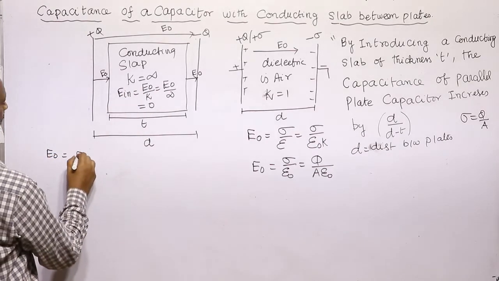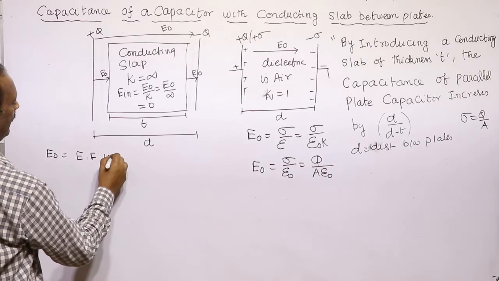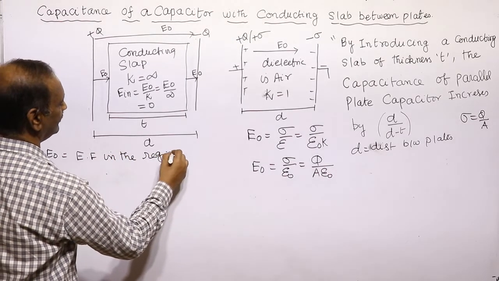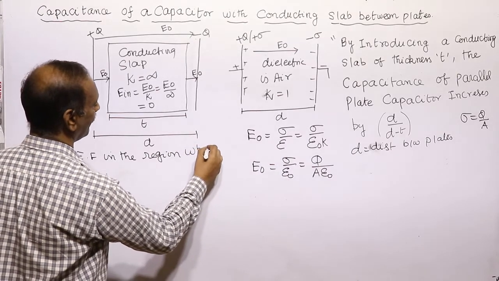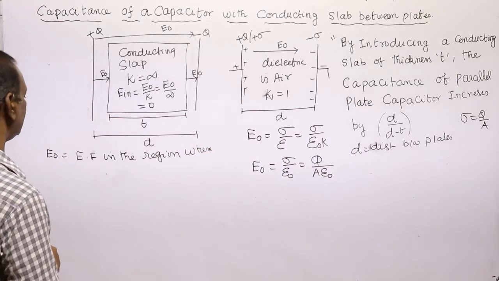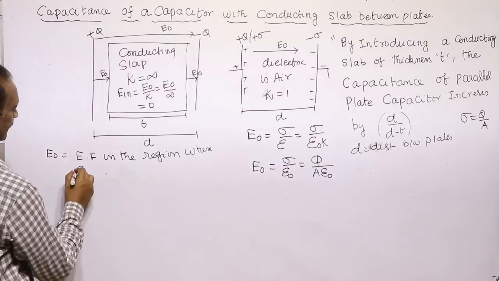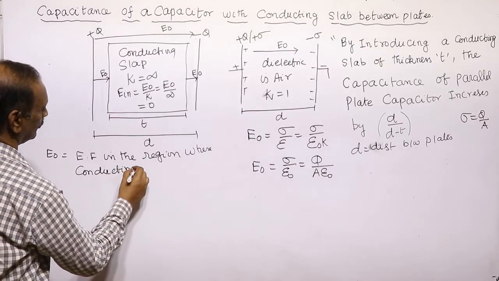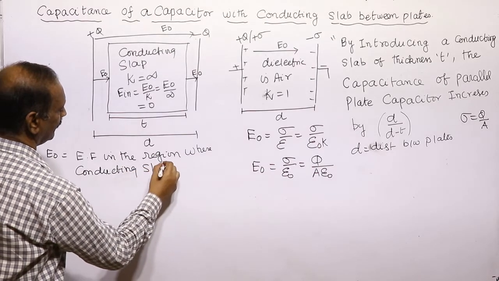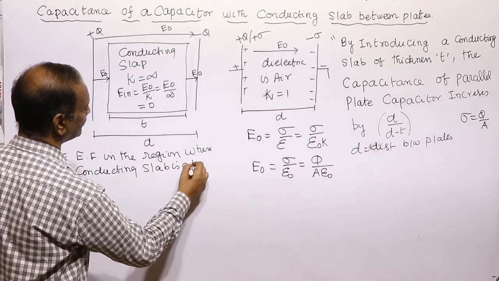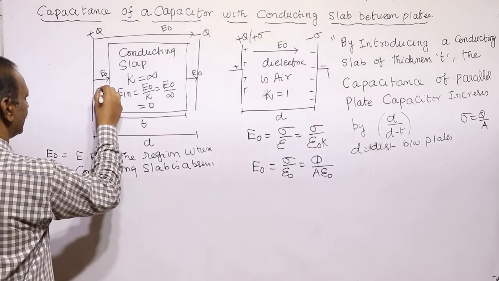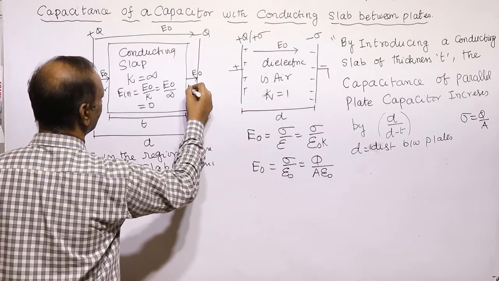What is E naught? It is equal to the electric field in the region where the conducting slab is absent. It means the electric field here, this is air, this is also air.